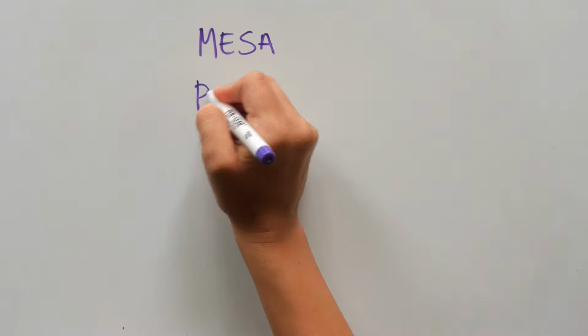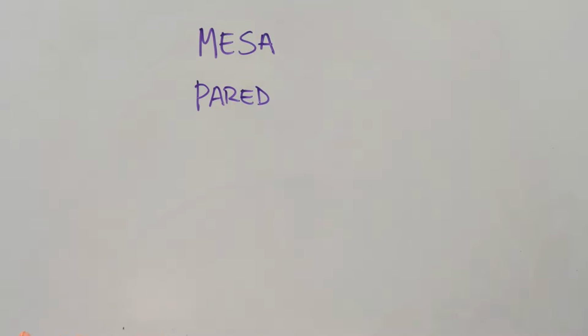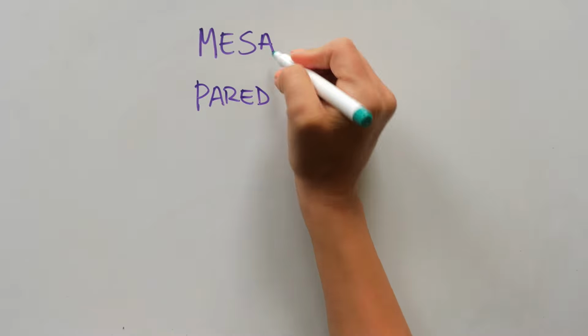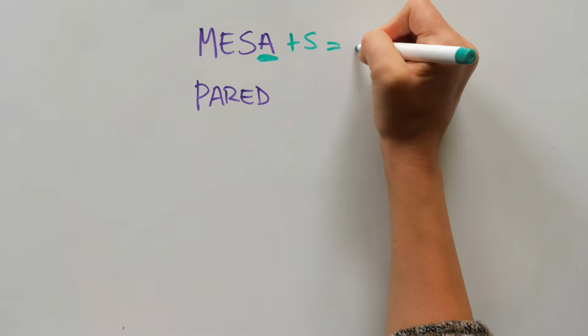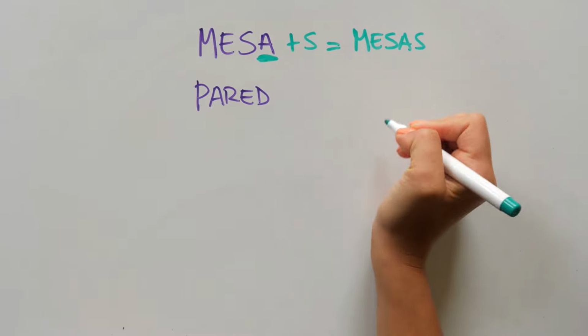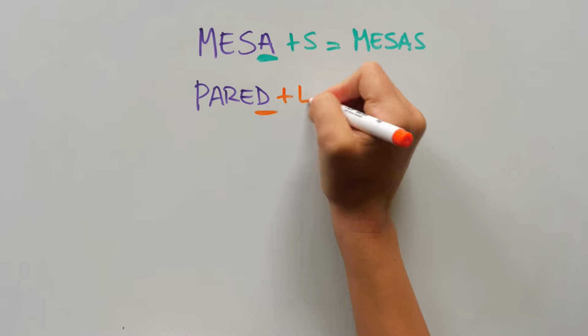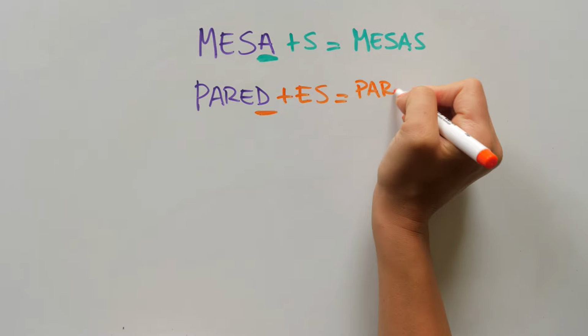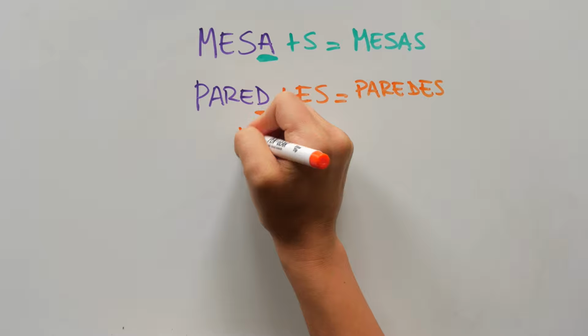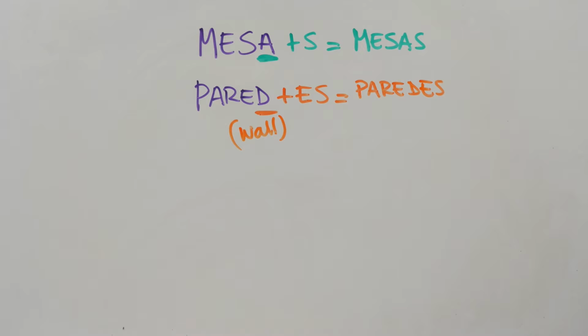Let's practice. Mesa, table. It ends in a vowel, therefore we just add the s, making it mesas, the plural of mesa. What about pared, wall? It ends in a consonant, therefore we add es, making it into paredes, walls.